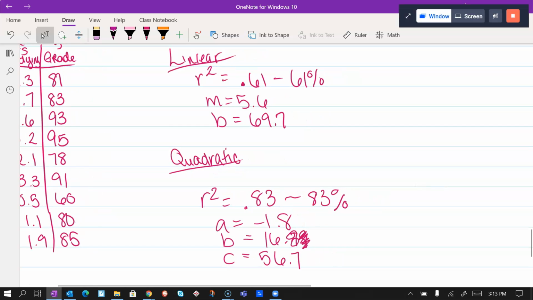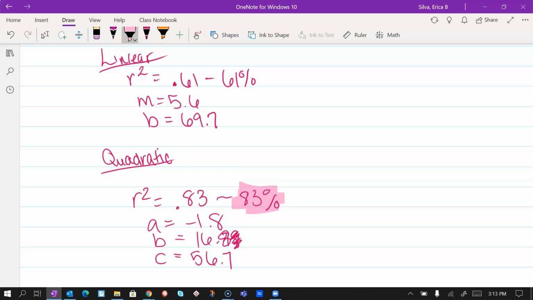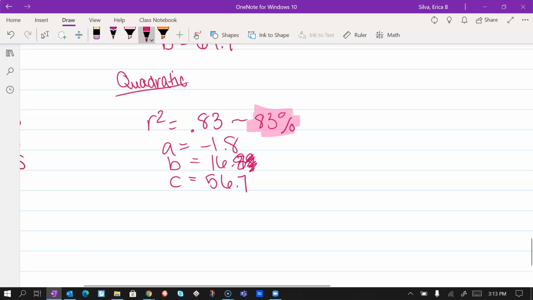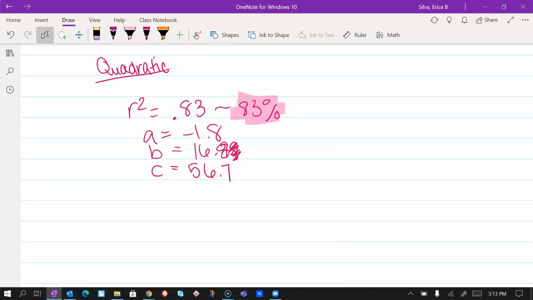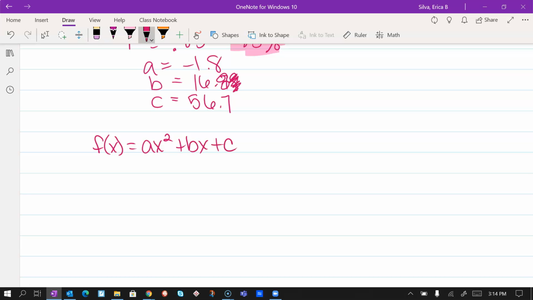All right, so if you didn't write it down, go ahead and write it down. It's not necessary to write both equations down because we only need the one that's the best model, right? Because 83% is better than 61%, we could say that this has a good or decent correlation, a quadratic correlation. So let's write down the equation. We've got f of x, and it's supposed to be ax squared plus bx plus c.